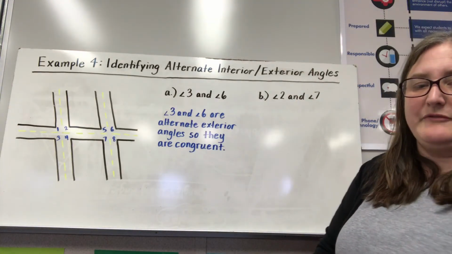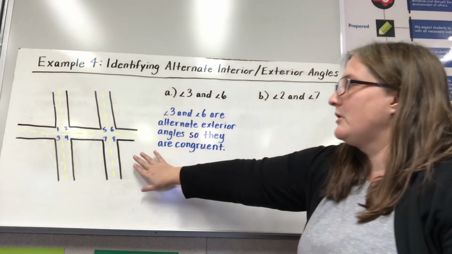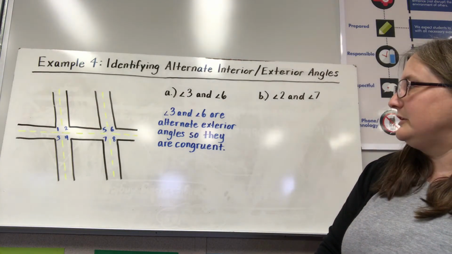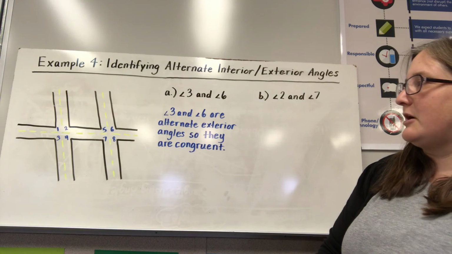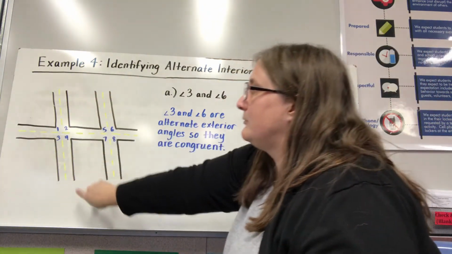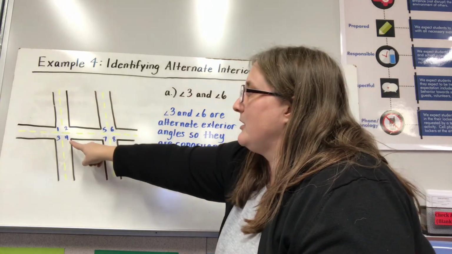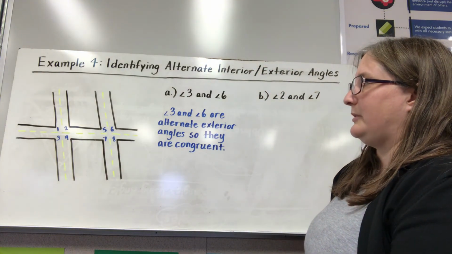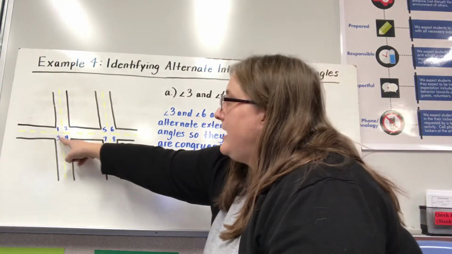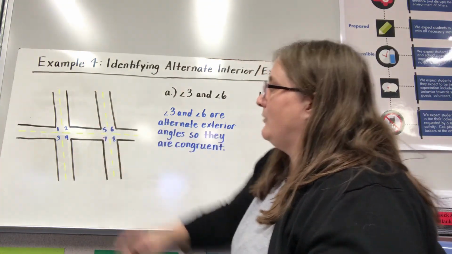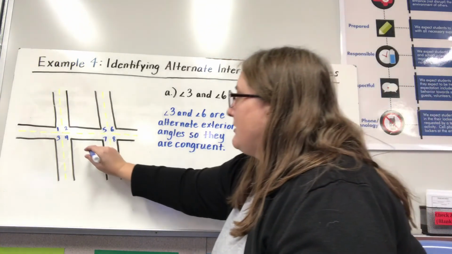So in this case, we've got some airport runways here, and they want us to find the relationship between these angles that they've marked. So we have one runway here, this is our transversal, and 2 parallel runways here. And we've marked the different angle numbers. So they wanted us to find the relationship between angle 3 and angle 6. Well, since this would be between the parallel ones, inside here would be our interior.